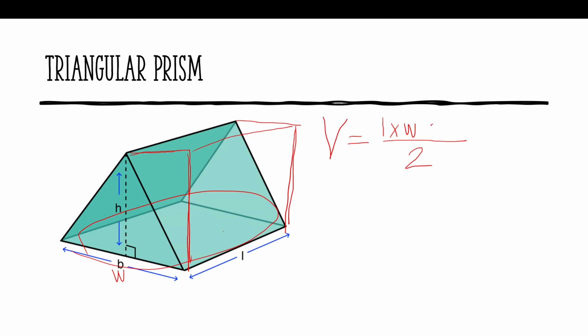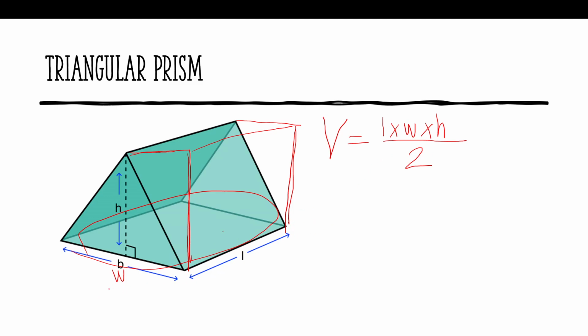So, times height. So, the formula for the volume of the triangular prism is length times width times height pa din, pero kalahati lang or divided by 2. So, kung ano man yung makuha nyong product doon sa length multiplied by the width and then by the height is kakalahatiin nyo pa o i-divide nyo pa ng 2.